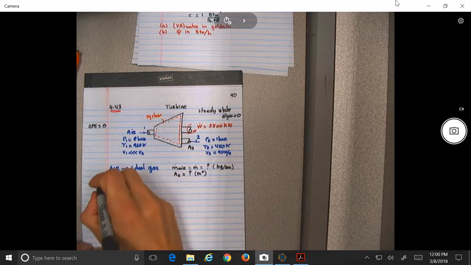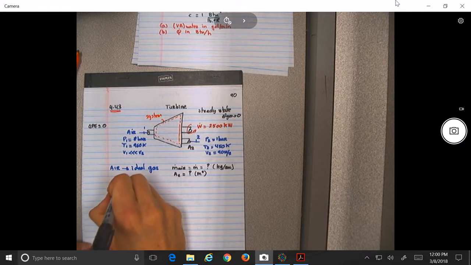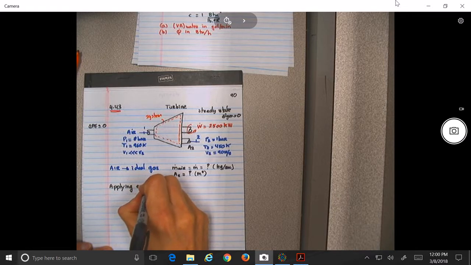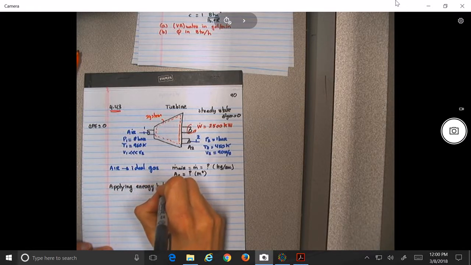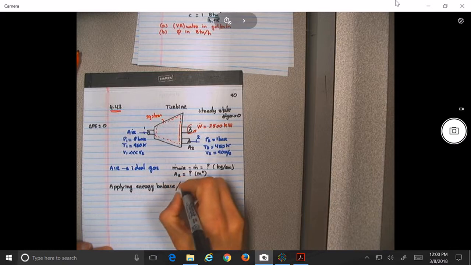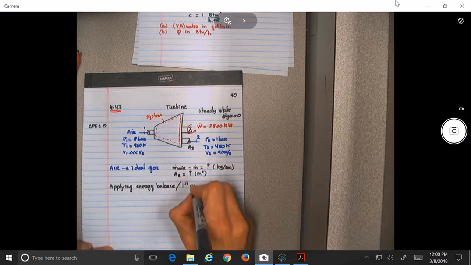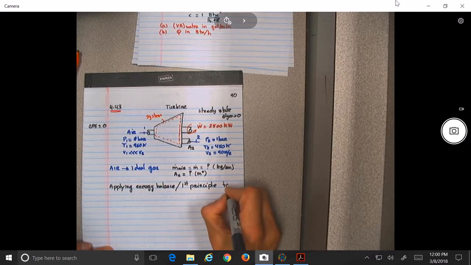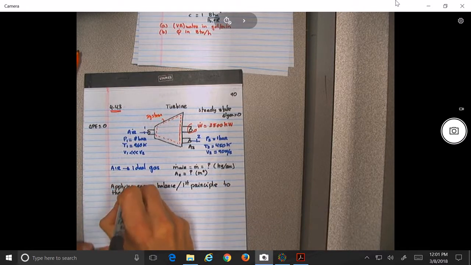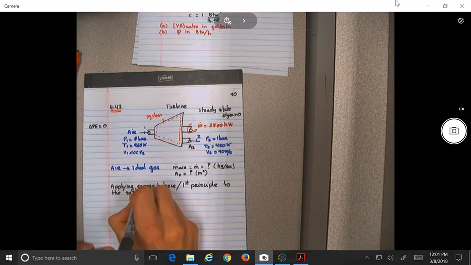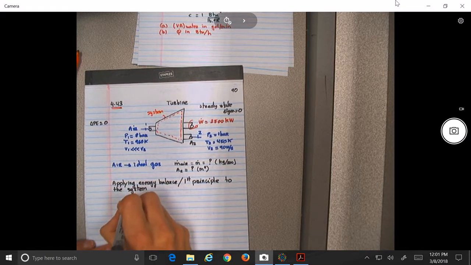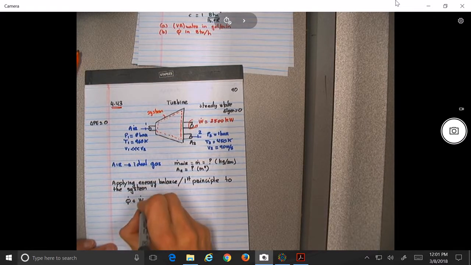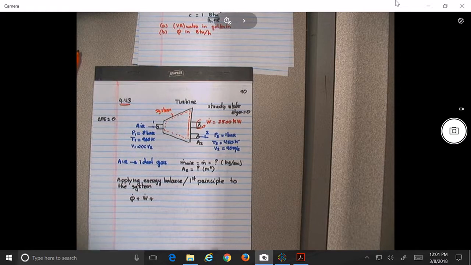So applying energy balance or first principle of thermodynamics, but I'm not going to write it down, to the system. What do we get? Is Q, so heat transfer plus power. All right, I'll wait for you a second.